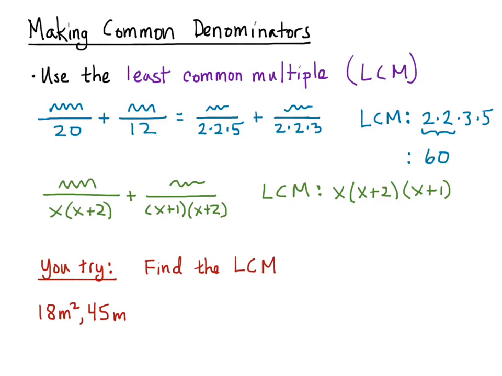So how do they factor? Anybody? What does 18 give you? 2 times 3. Almost. Wait, no, 2 times 3 times 3.